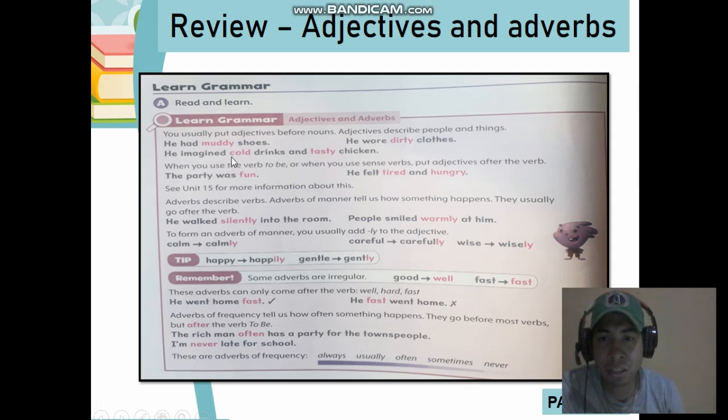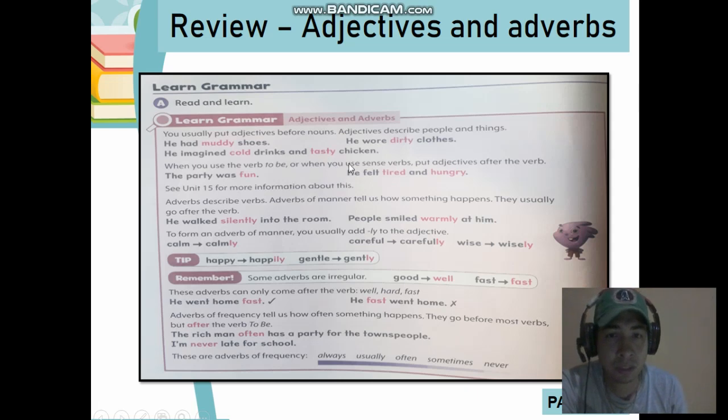Let's see another example. He imagined cold drinks and tasty chicken. So he imagined drinks, but what type of drinks? Cold drinks. So cold is a characteristic. And the chicken, he imagined tasty chicken. Not fried chicken, not smoked chicken. He imagined tasty chicken. Tasty means yummy.